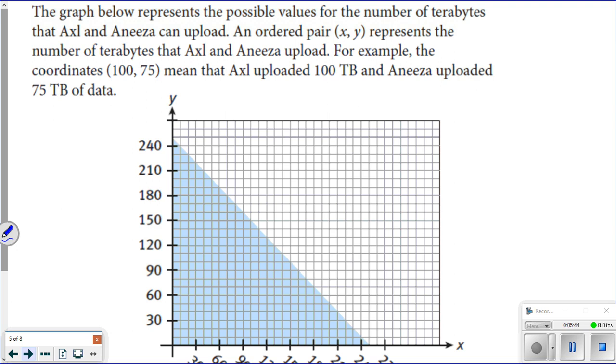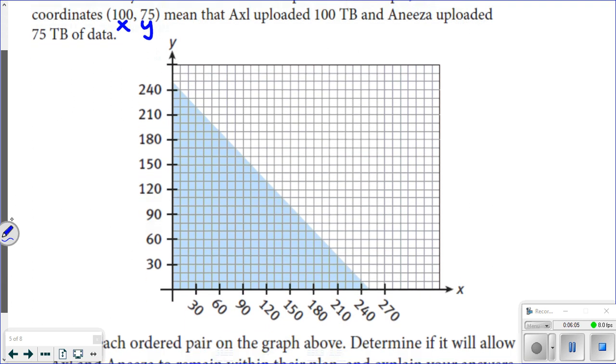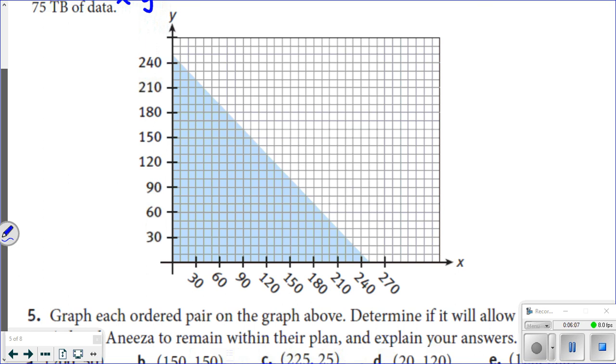For example, if we have the coordinates 100, 75, this is X and this is Y, that means Axel, X, uploaded 100 terabytes and Anisa, Y, uploaded 75 terabytes of data. Okay, so if I'm looking at this graph, let's just label this with Axel and Anisa.